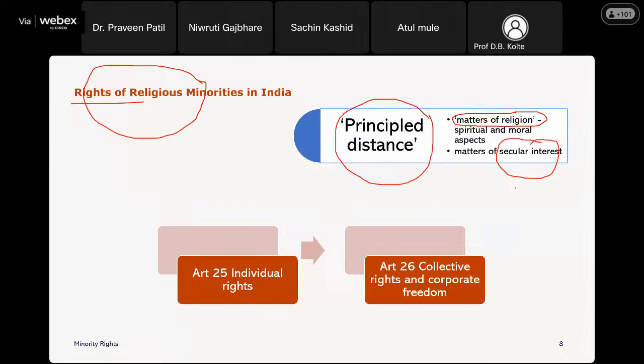But the moment it goes outside the core of matters of religion, religious rights and the Indianized aspect of rights of religious minorities. Friends, as I said, I will not go into the details, but I will make simply a cursory reference to certain aspects of religions.